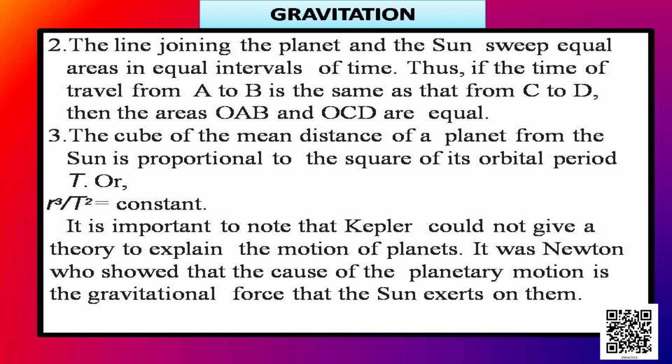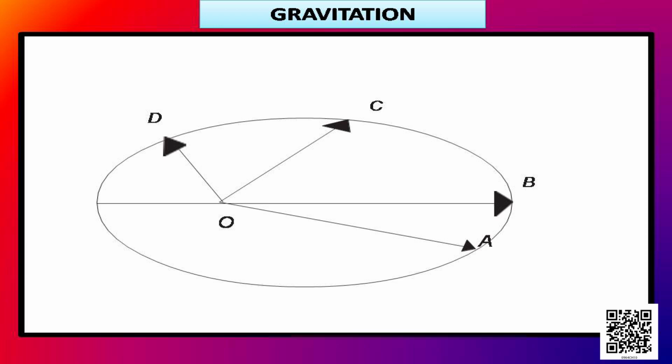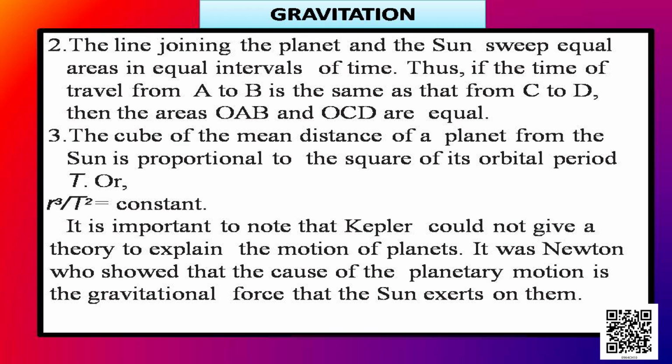Thus, if the time interval from A to B is the same as that from C to D, then the areas OAB and OCD are equal. The cube of the mean distance of a planet from the sun is proportional to the square of its orbital period T, or r cubed divided by T squared is equal to a constant.